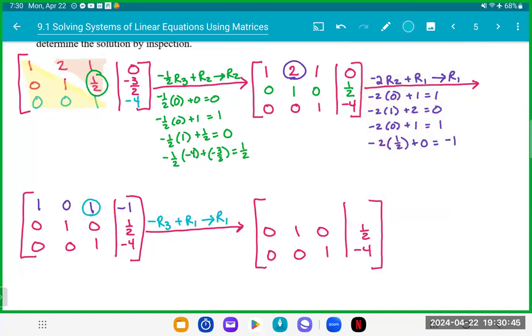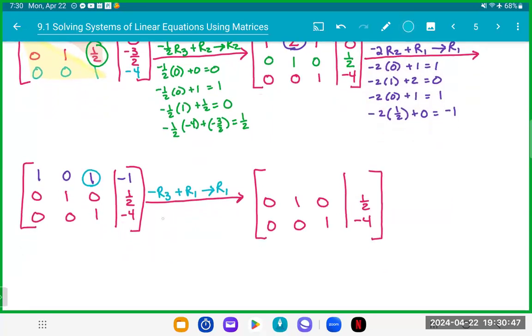Okay. So negative row 3, which is a 1, plus row 1 equals 0. Oh, sorry, I skipped already to the third element. Let's start with the first one, sorry.